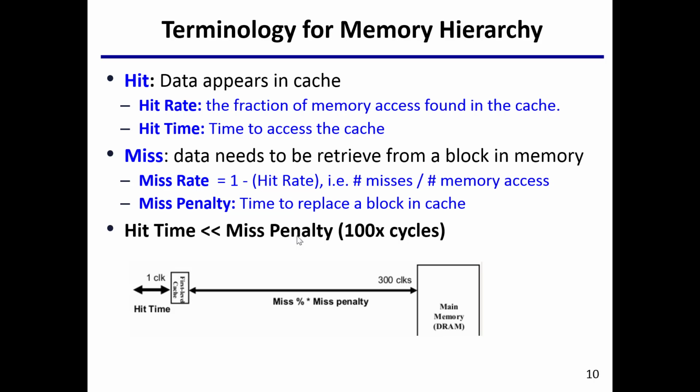I mentioned that small memories are fast, large memories are slow, but your actual access performance is going to be somewhere in between those two. It's always going to be slower than your fastest memory, but always faster than your slowest memory. What determines where your access time fits between those two is your hit rate, and the hit rate is determined by your program.